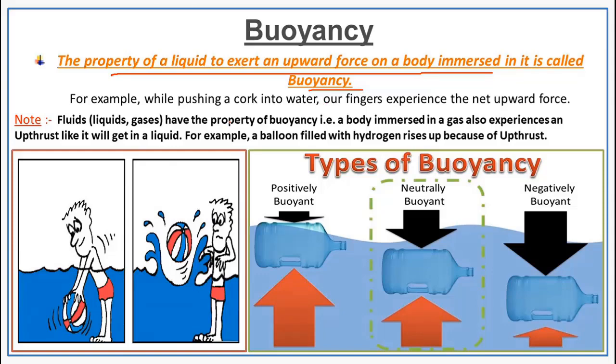We can experience the property of buoyancy in any kind of fluid, whether it is a liquid or gas, such as when a balloon is filled with hydrogen, it rises up. This is because of the upthrust exerted by our atmosphere. This buoyancy can be classified into three different classes, which we will discuss when we understand the law of flotation.